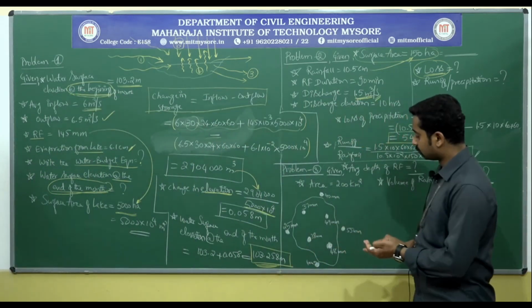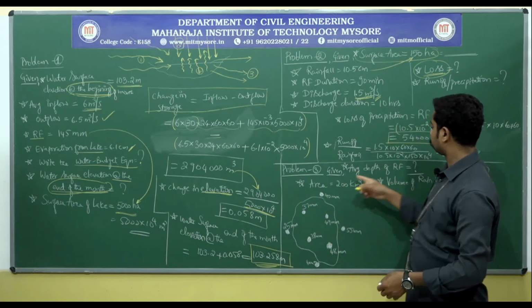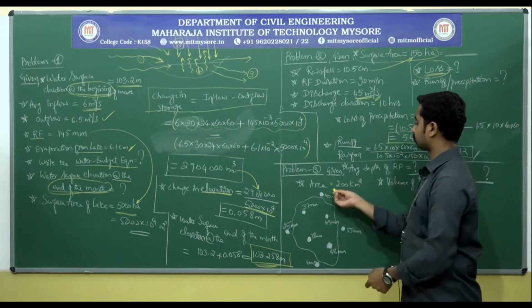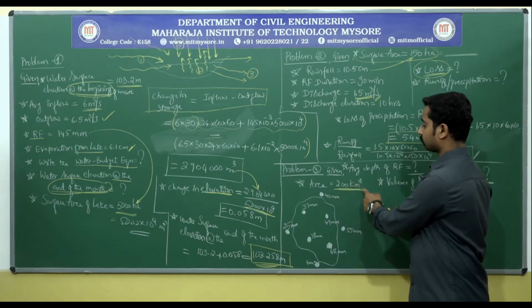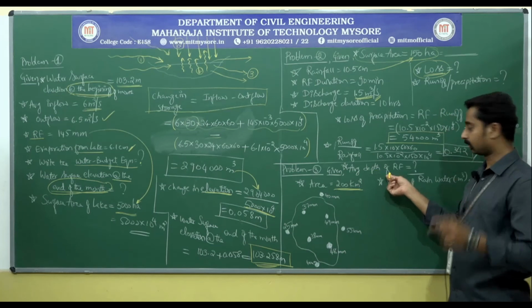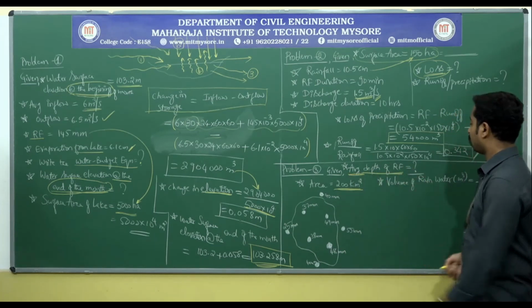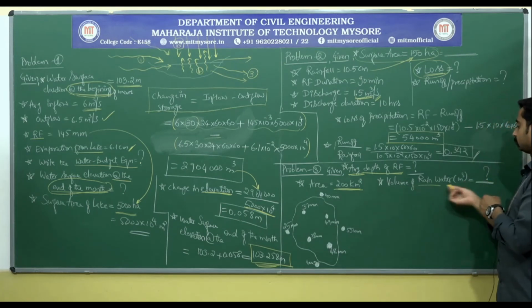Listen carefully. Here consider a certain catchment area of 200 kilometer square. They have only given 200 kilometer square of catchment area. We need to calculate the average depth of the rainfall and also the volume of the rainwater in meter cube.